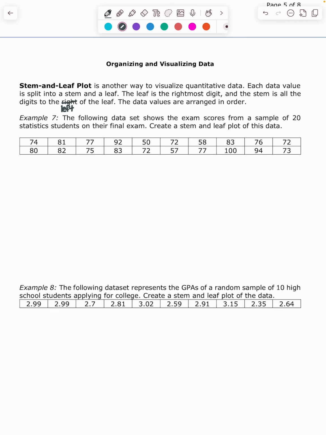So the first example here, we have our exam score data set that we worked with in the previous video. So we've seen this data set before. It's the final exam scores for 20 statistics students. So what I want to do to start my stem and leaf is I want to identify the smallest number, which I believe was a 50, and the largest number, which was a 100.